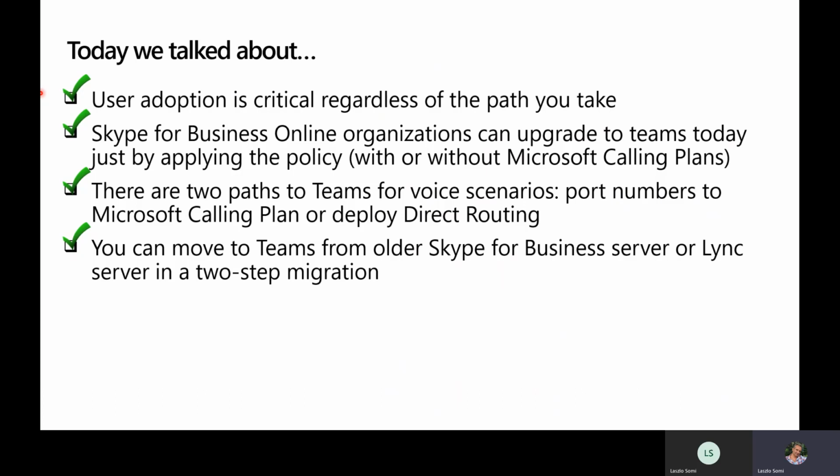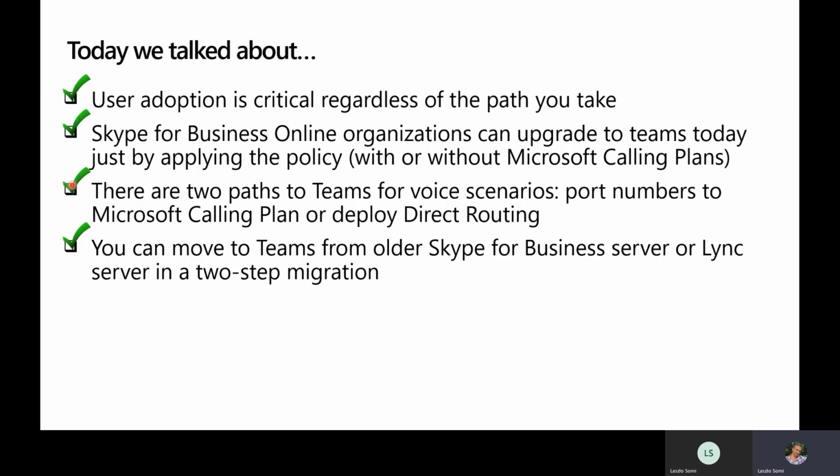If you have deployed Cloud Connector Edition, you may have to migrate it to direct routing or Microsoft Calling Plan. But for the backend, from the Skype for Business to Teams point of view, it is still just a quick policy change. There are two paths for voice scenarios: port the number to Microsoft Calling Plan or deploy direct routing. These are the only two ways you can connect voice services to Teams.